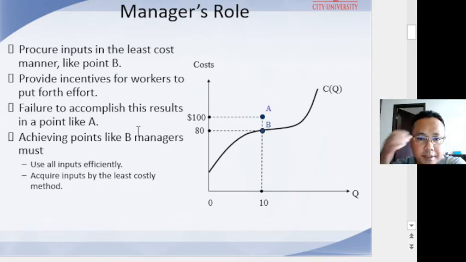As you can see from here, this is a manager's role from the perspective of economists, how we can resolve our two issues, to procure input in the least cost manner, like points B and A, as I discussed just now.